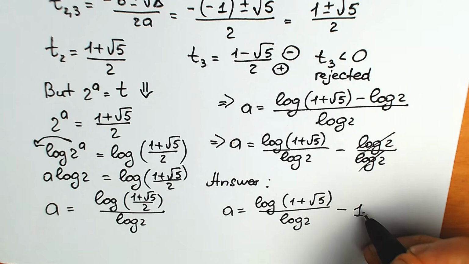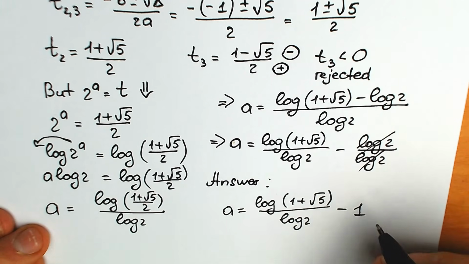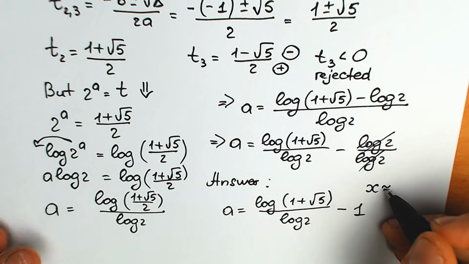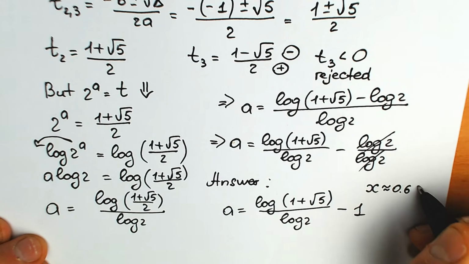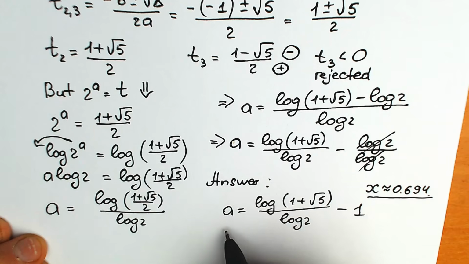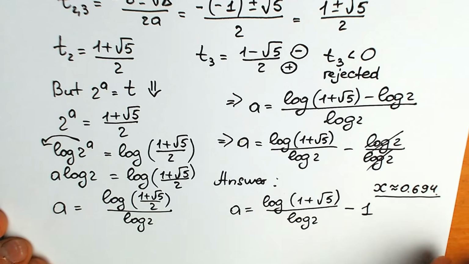Or if you're interested in an approximate answer, a is approximately equal, if you plug it in a calculator, to 0.694. This is our approximate answer, and this is our real number root. So this is my solution to this question.